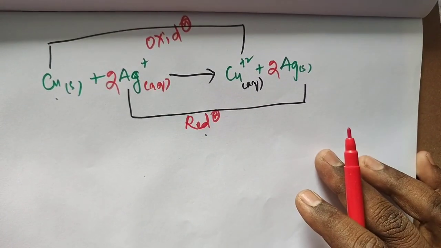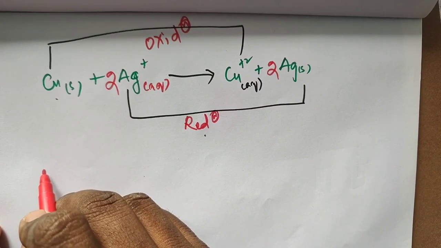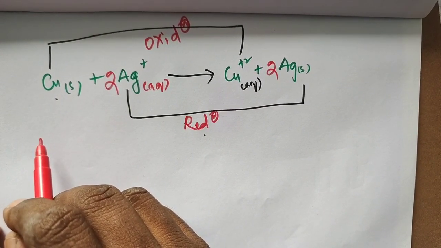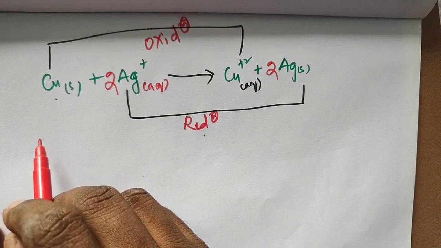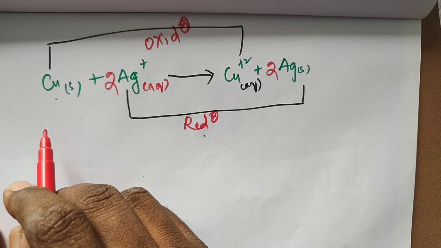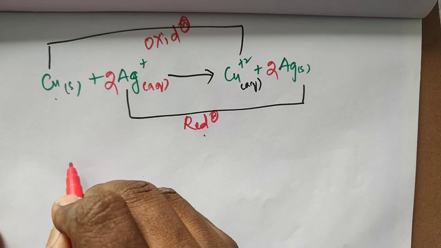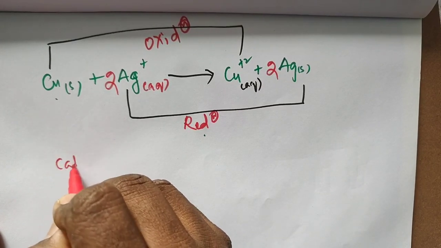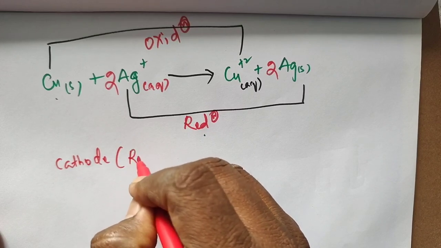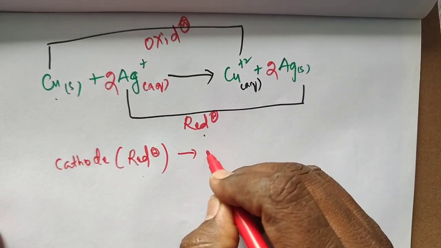Now we represent the galvanic cell, or electrochemical cell. Oxidation takes place at the anode, and reduction takes place at the cathode. First is the anodic half cell, and next is the cathodic half cell. What happens at the cathode?